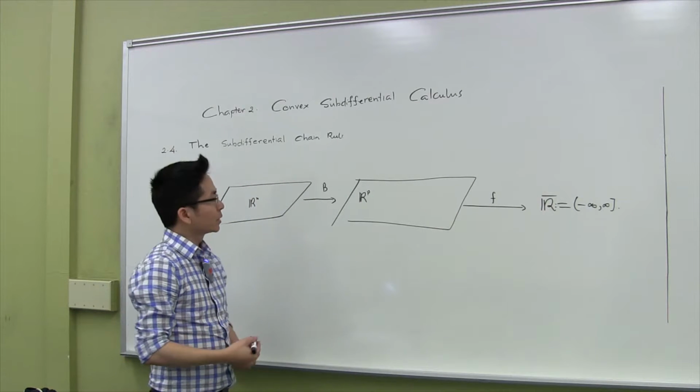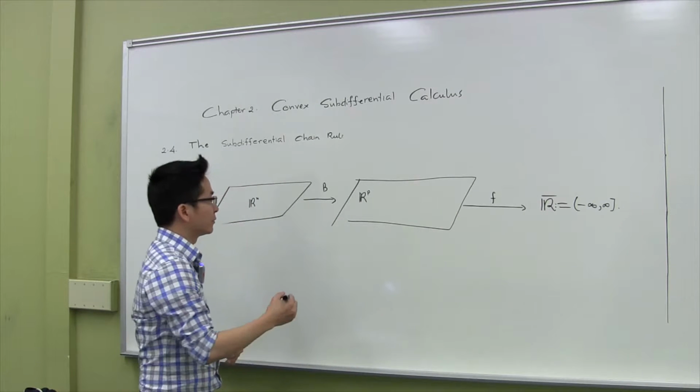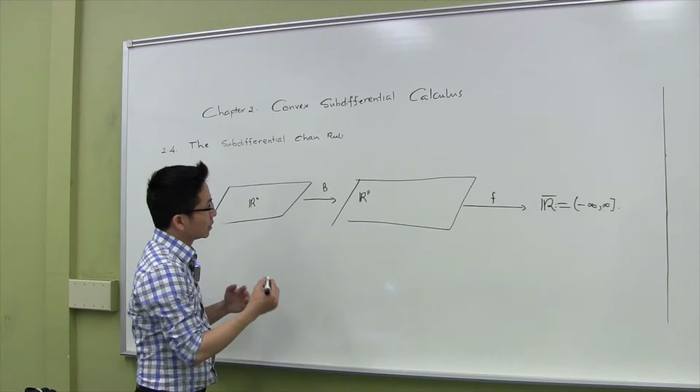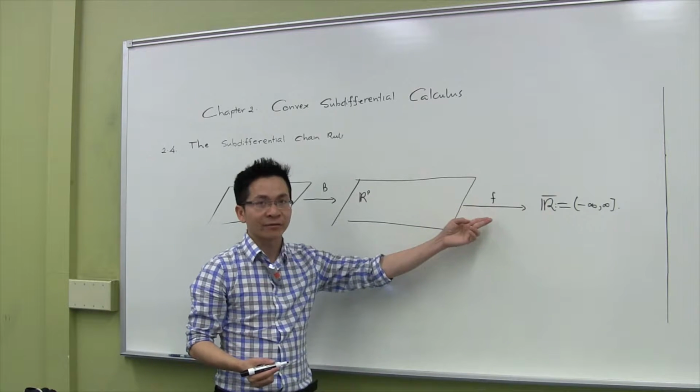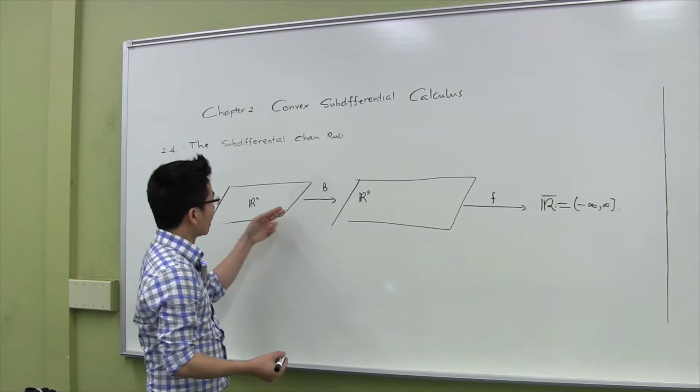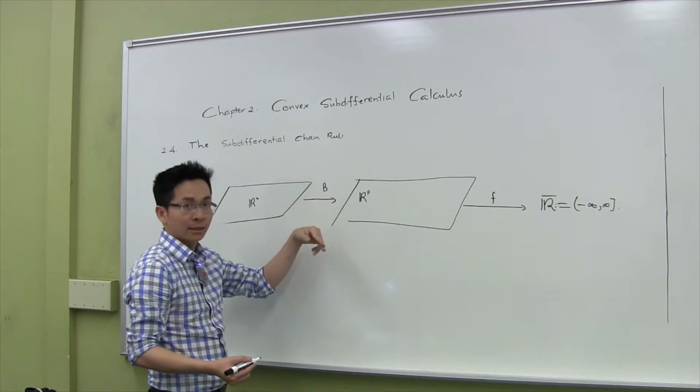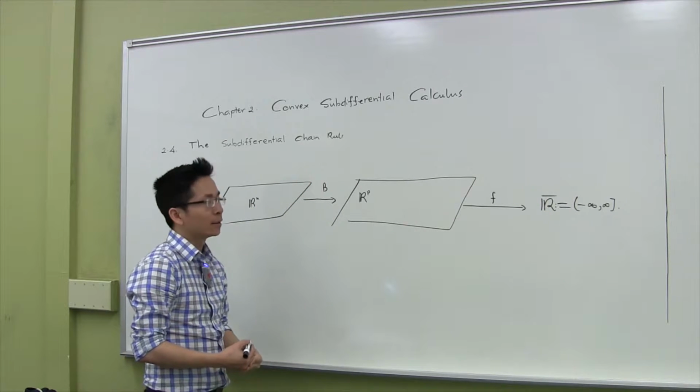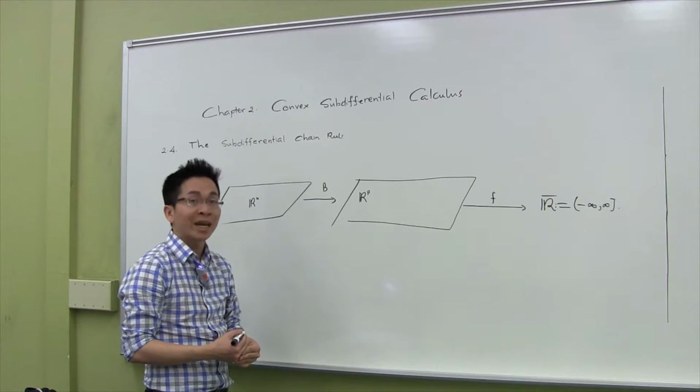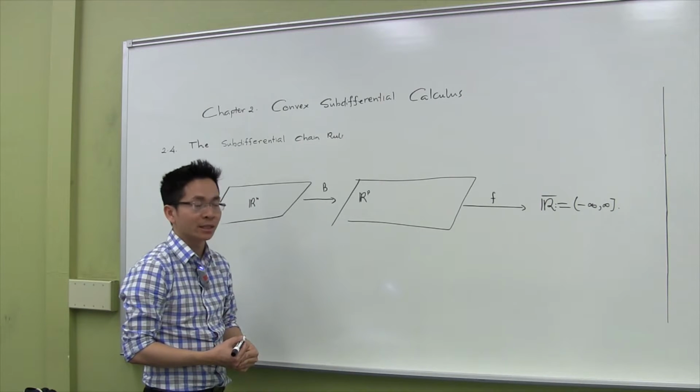In this theorem, we're going to show that if the domain of the function f intersects the range of the function b significantly, then we actually have the equality in the previous proposition.